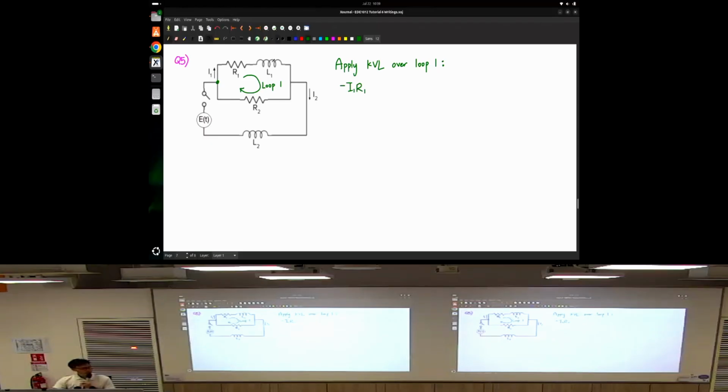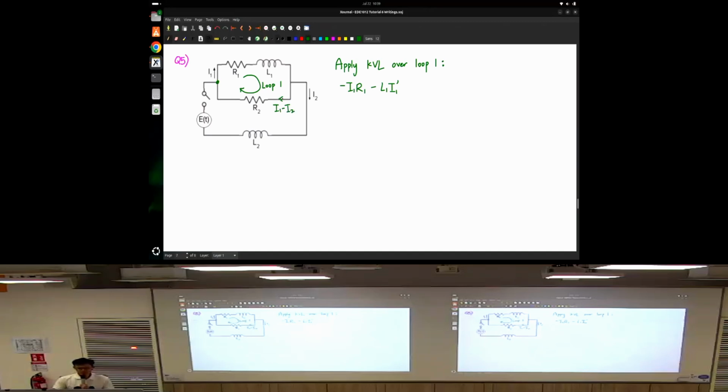Then after that, it passes through this inductor, so it will be a minus L1 I1 prime. The inductance multiplied by the rate of change of I1 causes this voltage drop. Then after that, flow through this junction, but you have to be careful. When you flow through this junction, what is the current flowing through R2? It's going to be I1 minus I2, because some flows out.